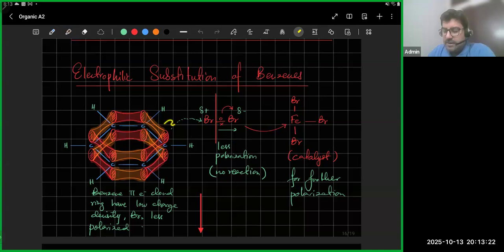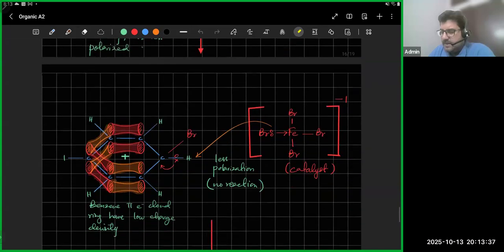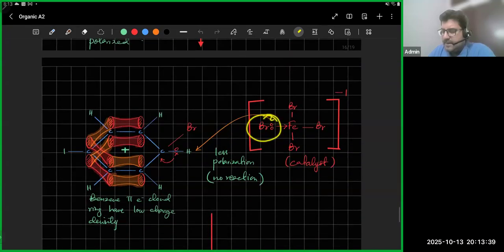Benzene's electron cloud did not have a very high charge density, so it was not able to polarize the bromine molecule. It was not able to knock out its electrons, which is why you needed a catalyst. One of the Brs bonded with the iron. The other Br, which was positive, attracted one of the p orbitals and ended up bonding with it.